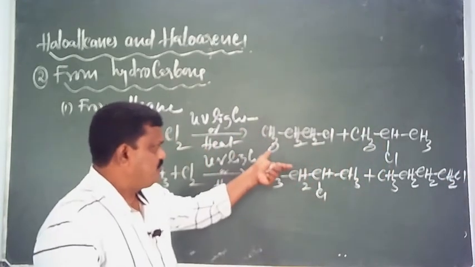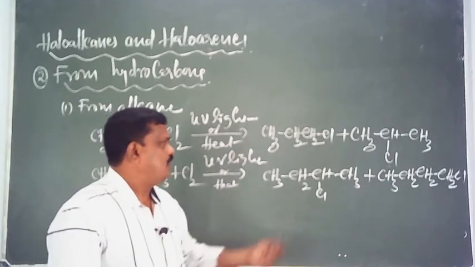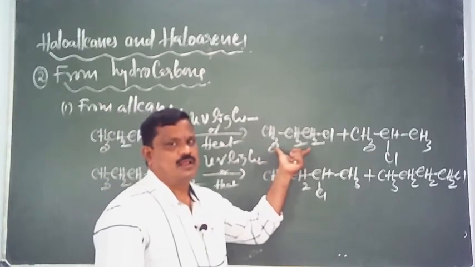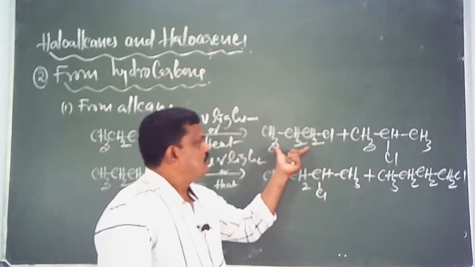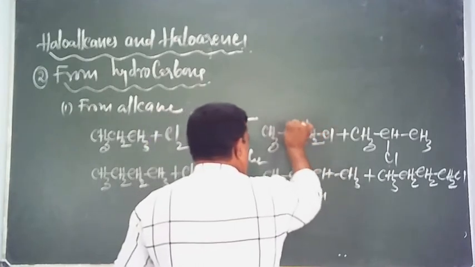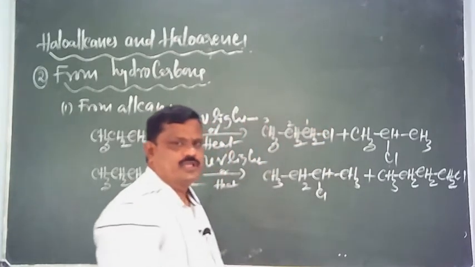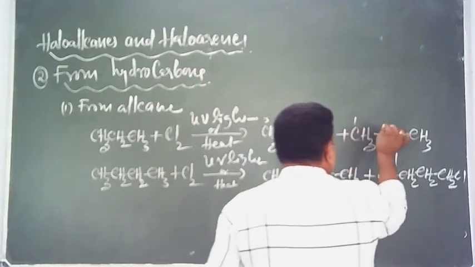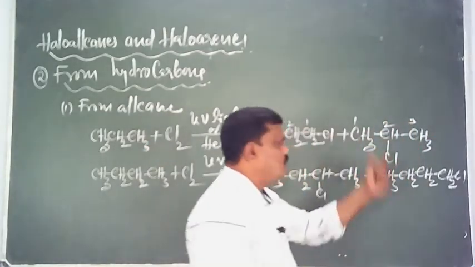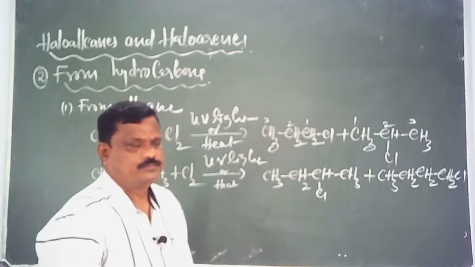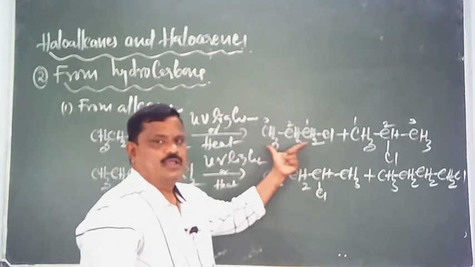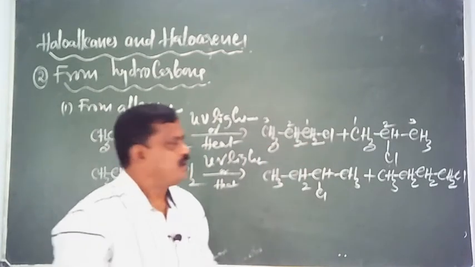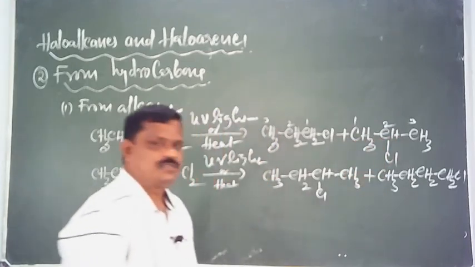I think we are able to name these alkyl halides. What's the name of this alkyl halide? IUPAC name, numbering 1, 2, 3, so it is 1-chloropropane. This one, numbering 1, 2, 3, is 2-chloropropane. Common names are n-propyl chloride and isopropyl chloride.